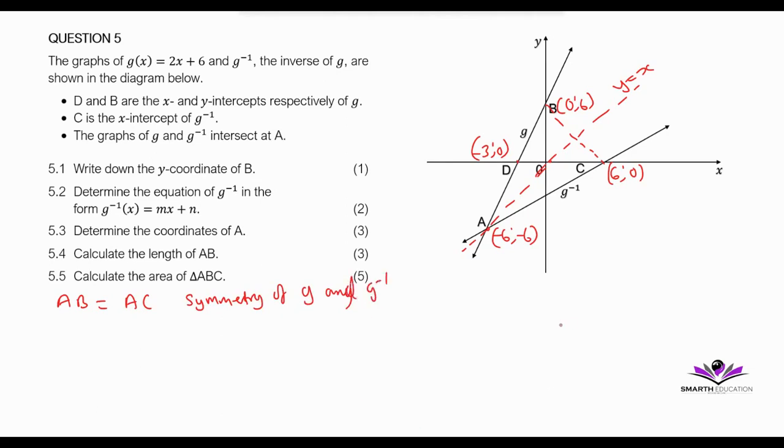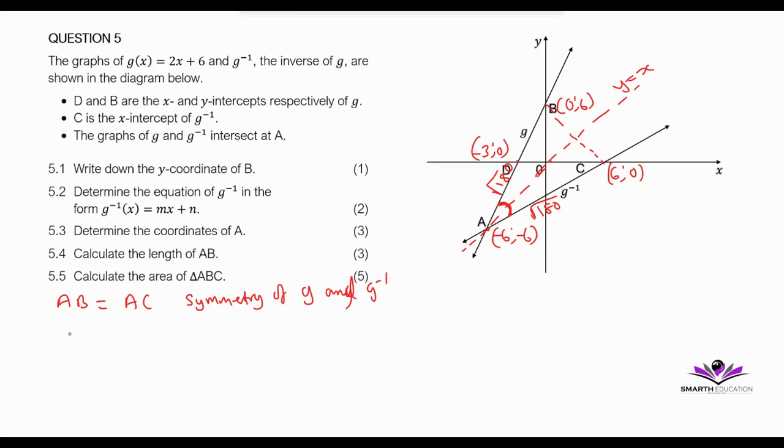Okay, so AB is equal to AC, and we found that AB is square root of 180, meaning that AC also is square root of 180. Okay, if we can find this angle here, which is the included angle, we can use the area rule.